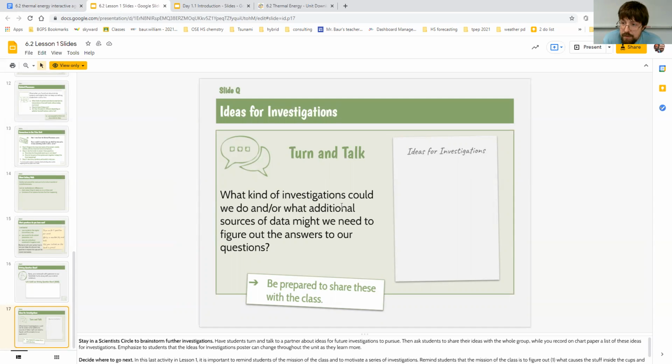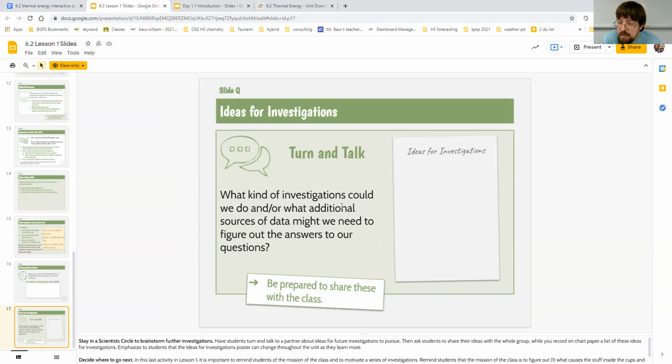So now that we've explored the initial cold cup, we've made a drawing about it, a diagram, a model. We've done an experiment to see that, yes, the fancy cup works better. We've also considered related phenomena that other students generated, where they found there are other things that keep things cold or keep things hot without using electricity.